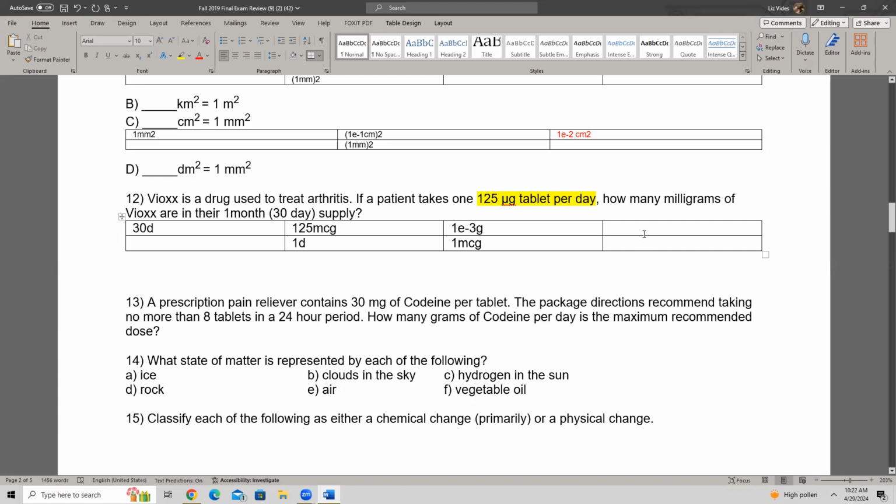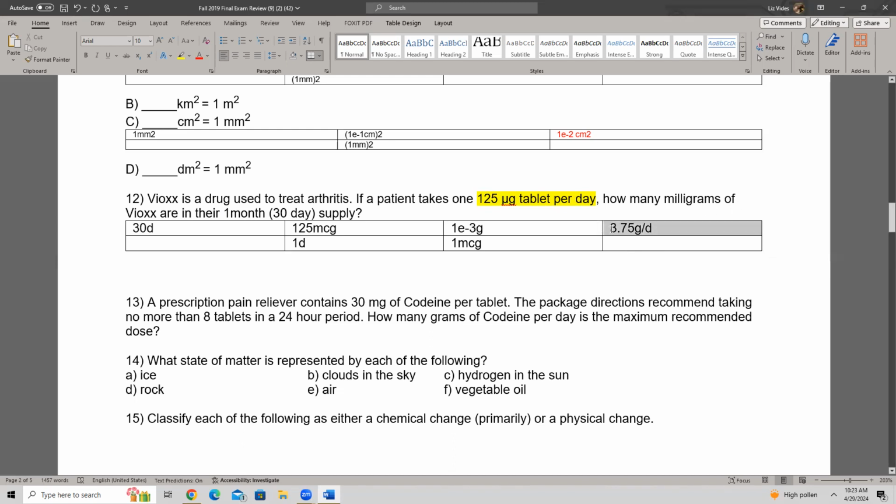So the answer is 30 times 125 times e -3. That gave me 3.75 grams. There, that's your answer.